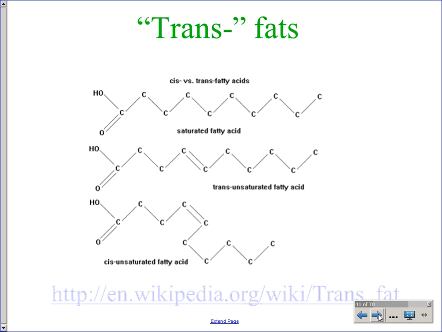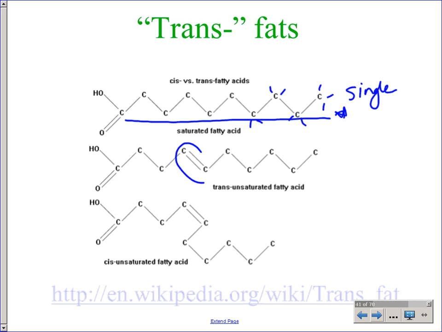So we've got, at this very beginning, we've got a saturated fat because all the carbons throughout here have single bonds, and single bonds represent saturated fats because it's saturated with hydrogens. So all these little carbons would have their hydrogens added to them. This one, however, is not saturated.